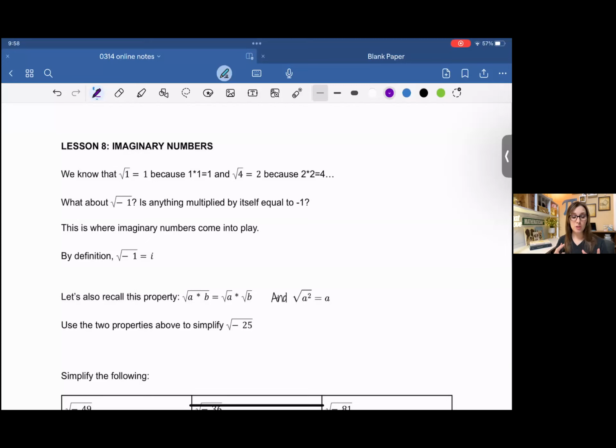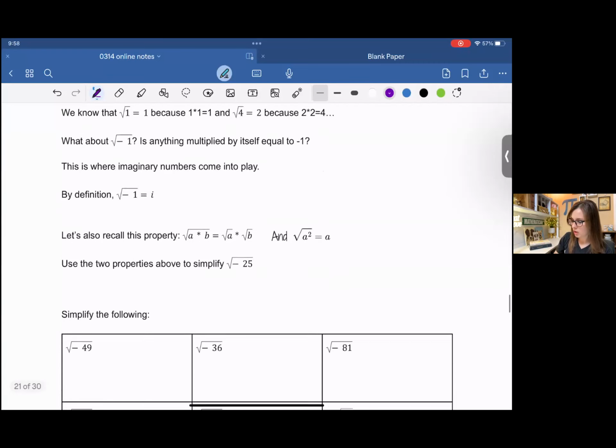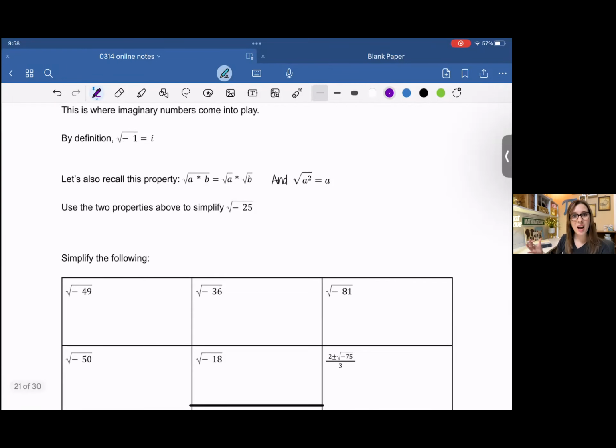You might be looking at this and thinking, if it were just positive, I could pull out a 5. Well, we can still do that, because we have this new definition that the square root of -1 is i.